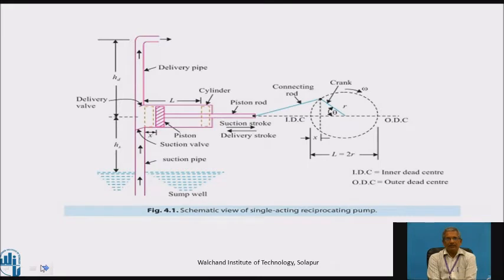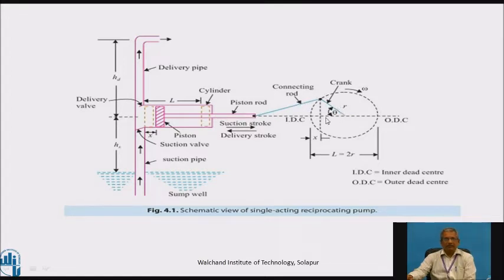Now this is a single acting reciprocating pump. If you observe here, there is a piston cylinder arrangement. This is a piston, this is a cylinder, in which the piston is connected through the piston rod to the connecting rod and the crank.